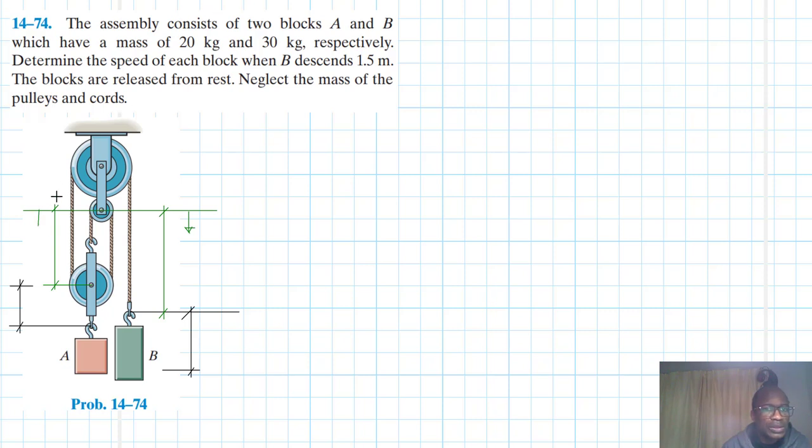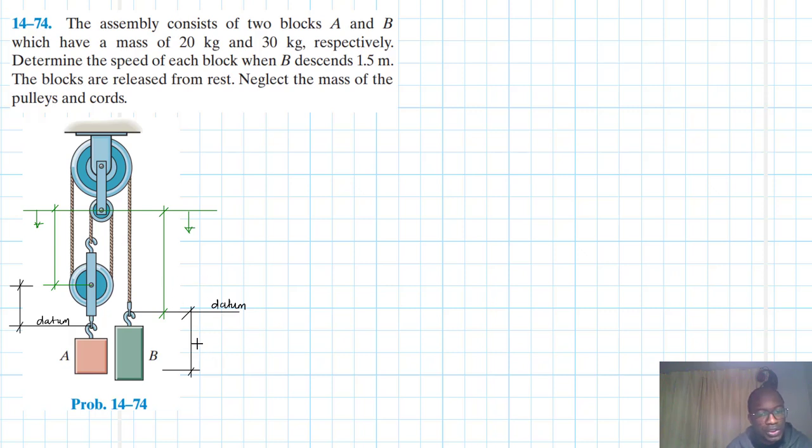Don't get confused. This datum I want to use for defining the gravitational potential energy.